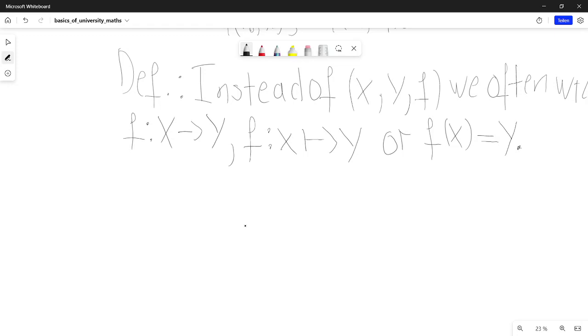Okay, let's introduce associativity. Definition F. No, let's introduce composition first. I'm too fast. We have not yet introduced composition.